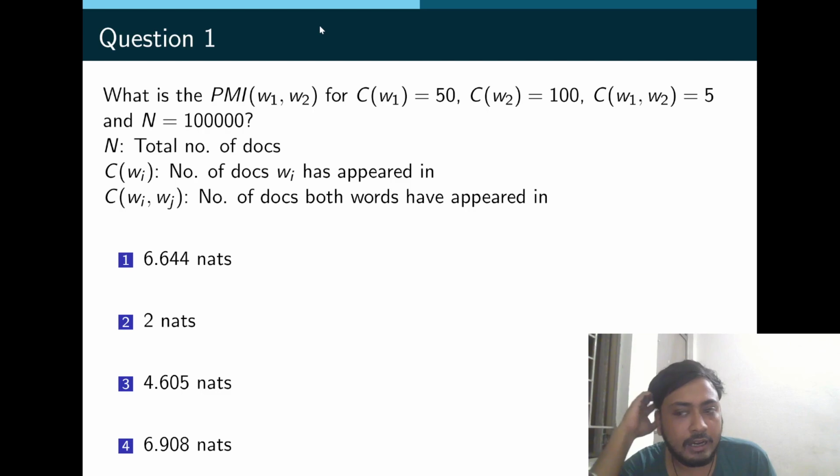So this is the first question. You have to calculate the PMI for two words W1 and W2, where the counts are given. C(W1) is 50, C(W2) is 100, and C(W1, W2) is 5, and there are a total of 1 lakh documents.